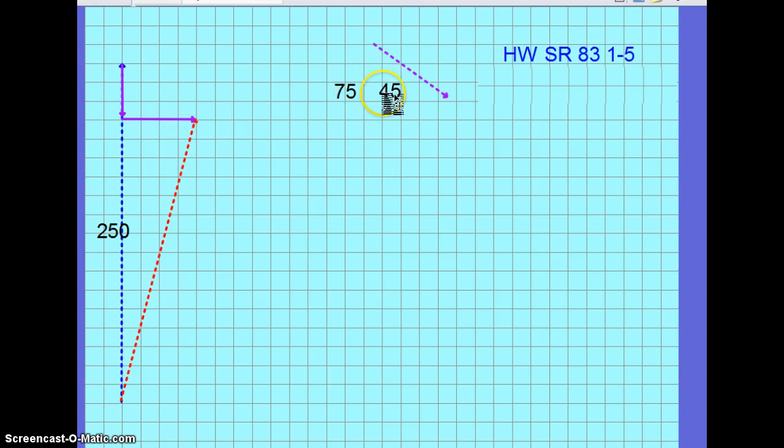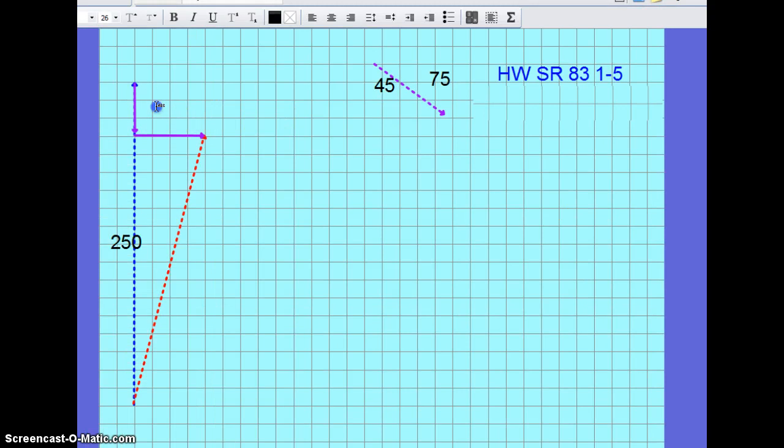And to do that, we're going to use 45 degrees. 75 is our hypotenuse, and 75 times the cosine of 45 gives me 53. So both of these vectors are 53. 53 there and 53 there. They're both 53s. So if you subtract 250 minus the 53, you get 197. So this is 197, the remainder of our axis here.